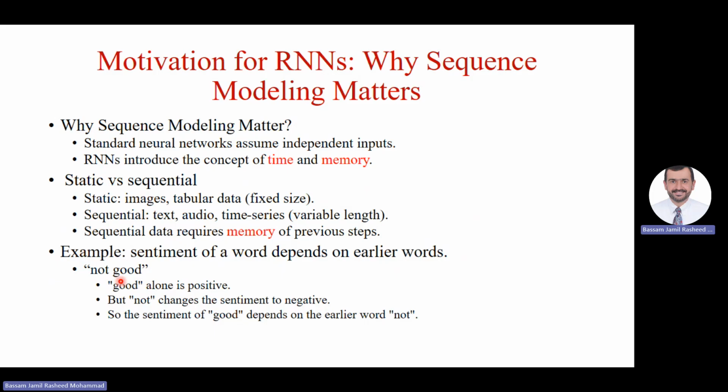But because now I have captured an earlier word, which is "not," it's completely the opposite. That tells you why we care about memory, why we look at the sequence across time. So RNN is a solution for these sequential types of data.